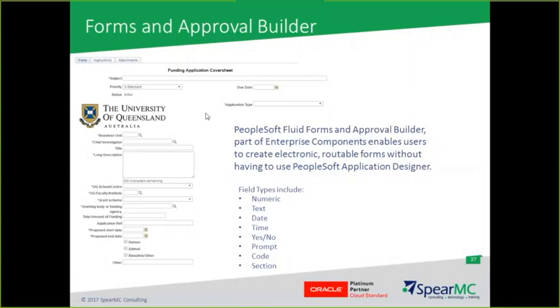And what this could allow you to do is, through the Forms and Approval Builder, you can build in an approval process through this method, and once approved, actually generate a proposal and bring it into PeopleSoft. So it has a form where people enter information. You can include instructions. They can also make attachments.